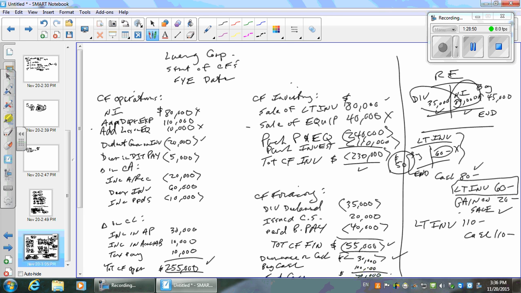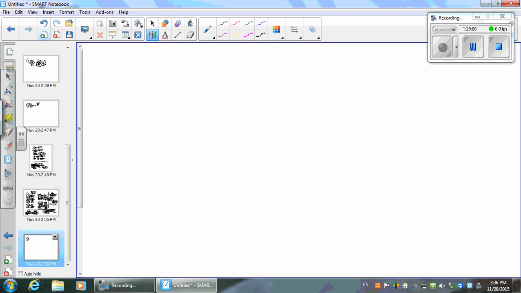Let's expand the problem a little bit. Let's use this 80 net income and this 5 decrease in deferred income taxes, okay? And let's think about how that might work. What was their entry like? Well, let's see.